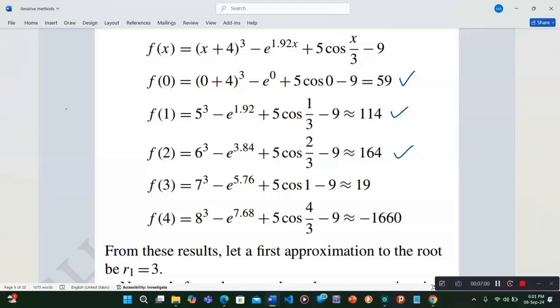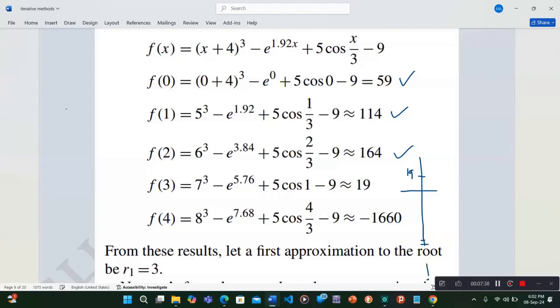Obviously, it is this 19 which is closer to 0 than the negative 1660, because if I was to go on the number line and give these values, let me say 19 is here, then this negative 1660 could be far away, somewhere down here.